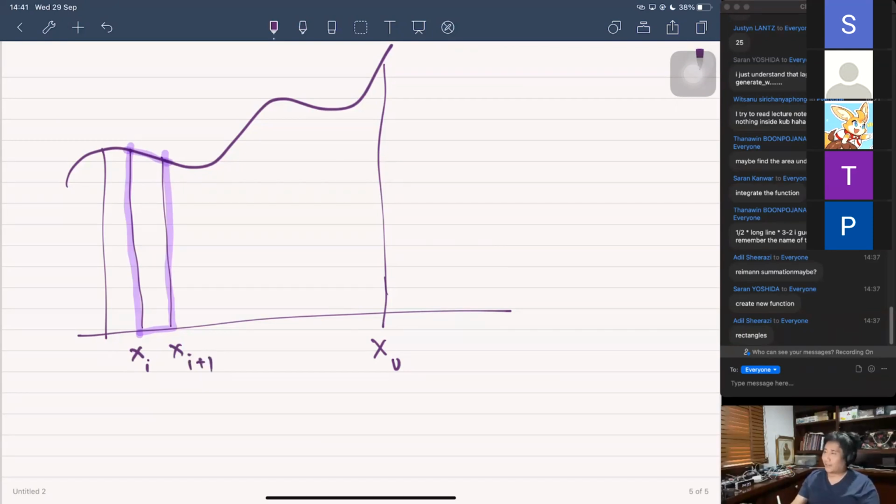So how do I find the area of this trapezoid though? If I want to find the area of that little piece, what do I need to know? Anyone? Help me.